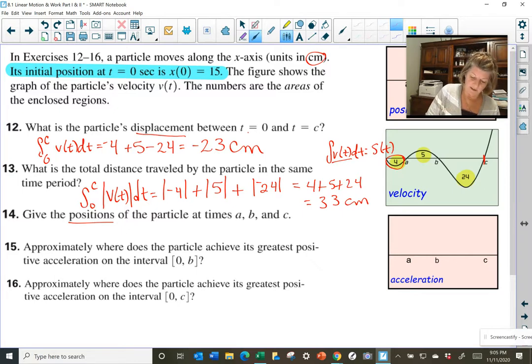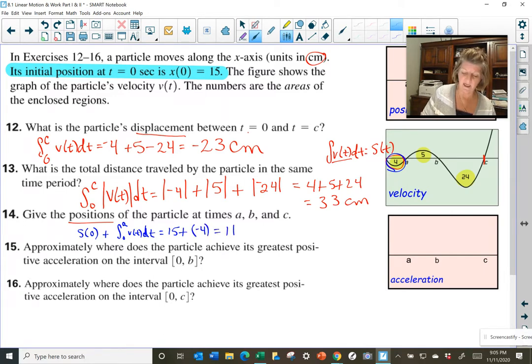So the positions, it's going to be S of 0 plus the change of position from 0 to A of v of t dt would give me 15 plus the area under the curve between 0 and A is a -4. So now, because it moved backwards by 4 units, I'm at position 11, right?